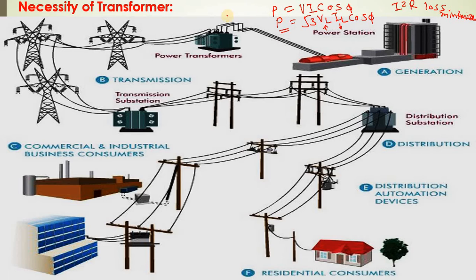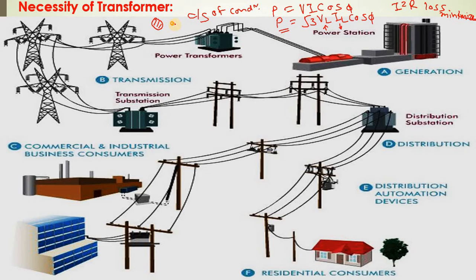The second advantage is the cross section of the conductor. Initially, if we required this much cross section, then by increasing the voltage level to transfer the same amount of power, we will need a small cross section of the conductor. So the conductor cross section will get reduced by increasing the voltage level for the same power transfer.